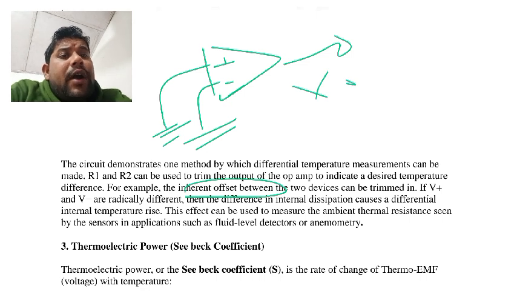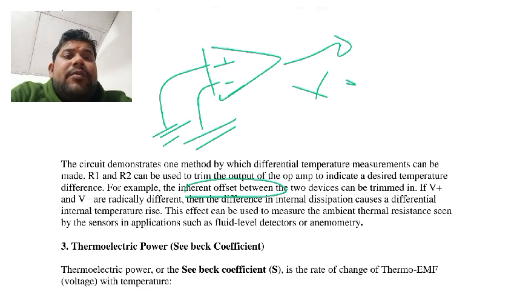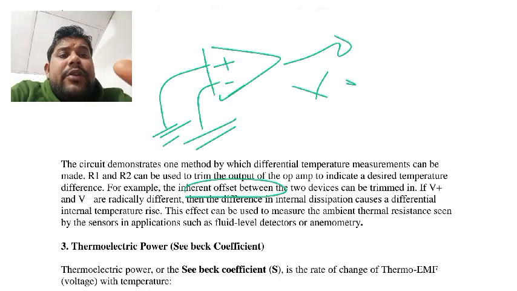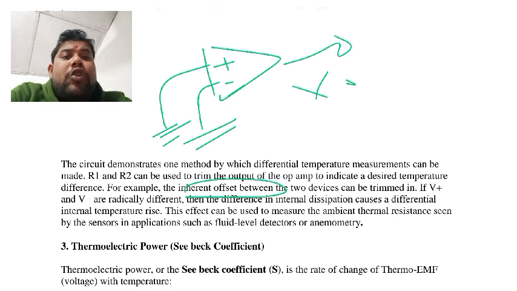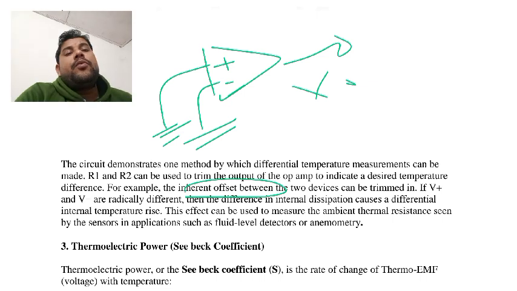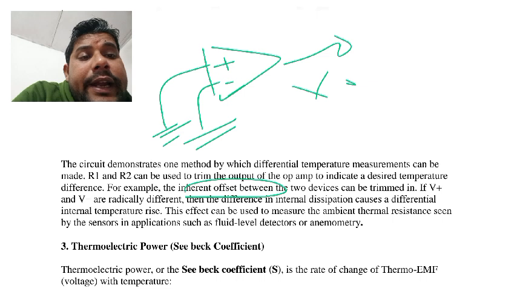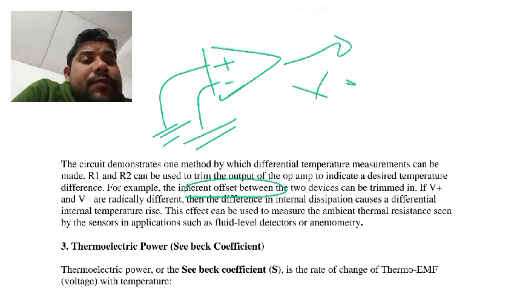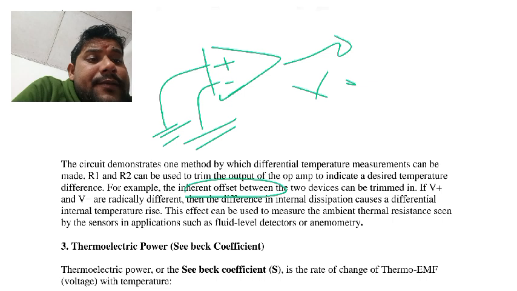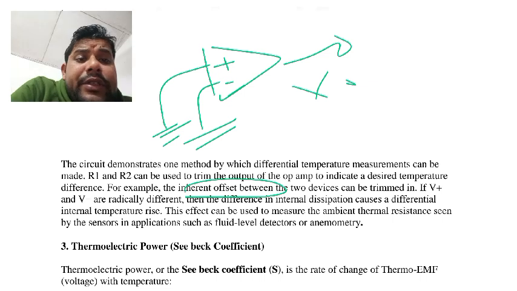Such type of output is called inherent output because many active components are used, and because of those active components it provides an unwanted output. That's called the inherent offset of devices, which can be trimmed using R1 and R2.